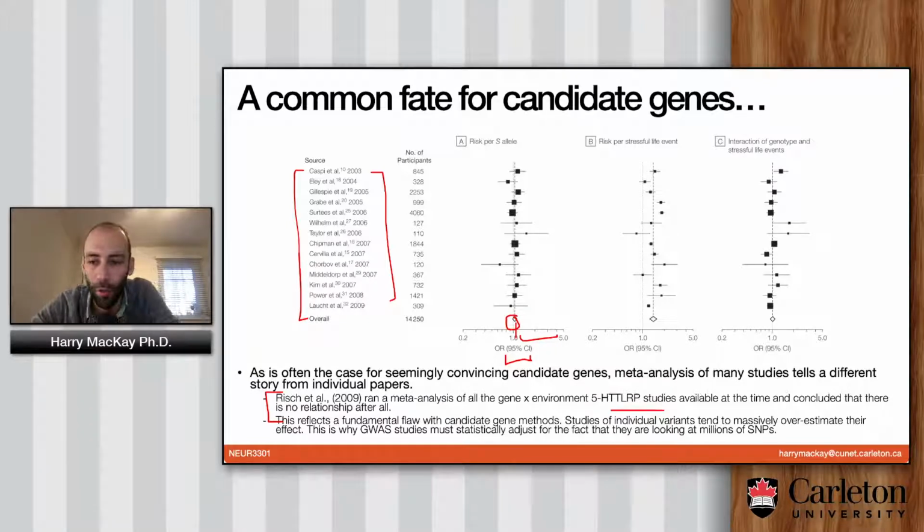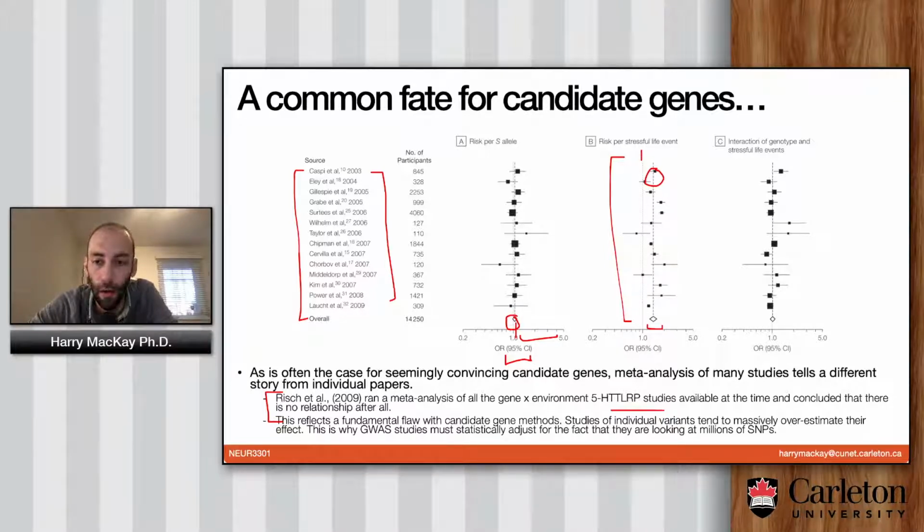When you look at the risk per stressful life event, that does have an effect: having a stressful life event on its own will typically increase your odds of depression. This study is well and truly to the right-hand side of 1, meaning it significantly increases your odds of being diagnosed.